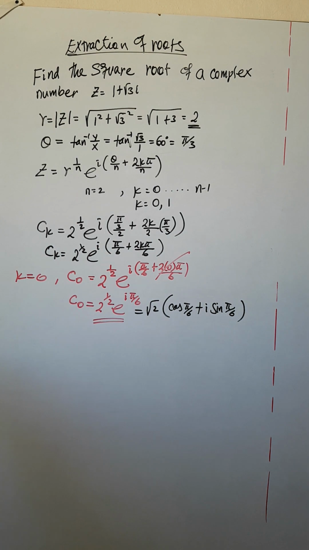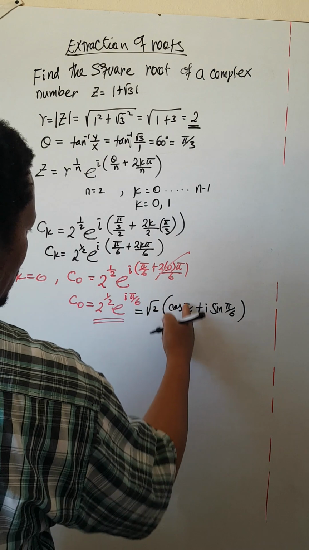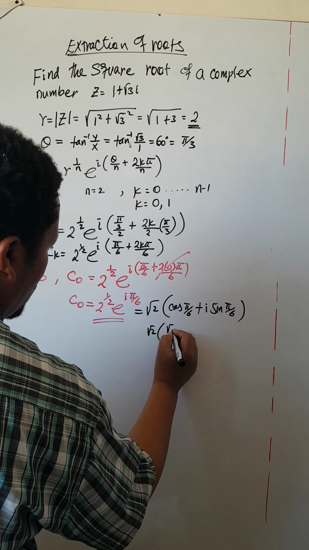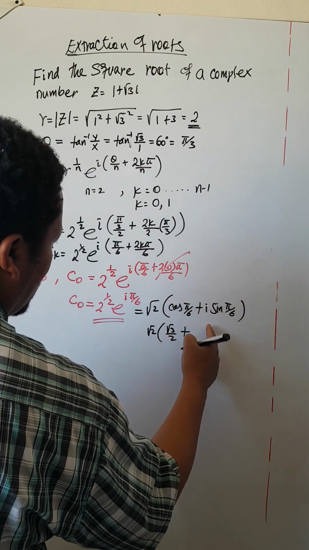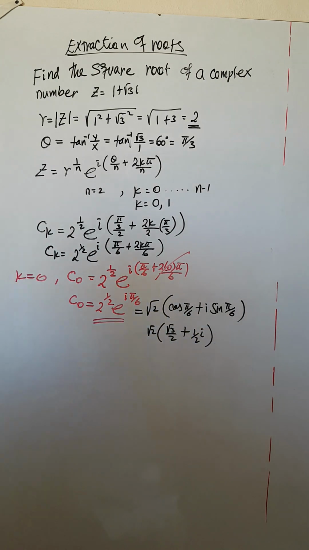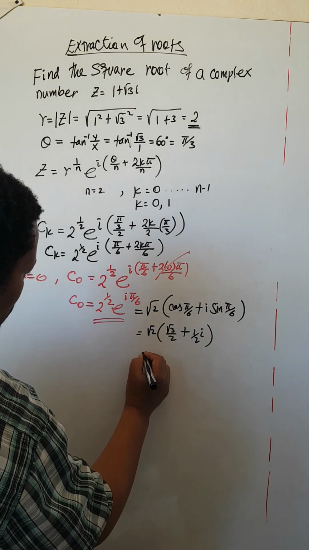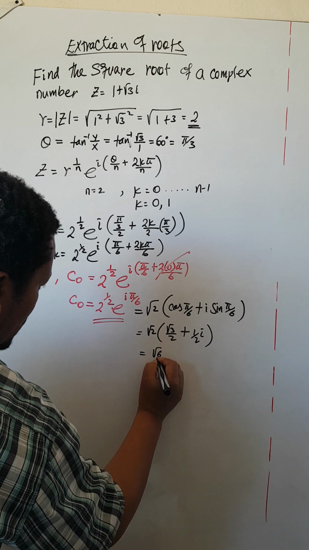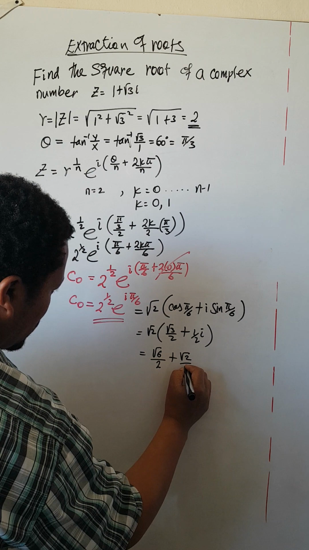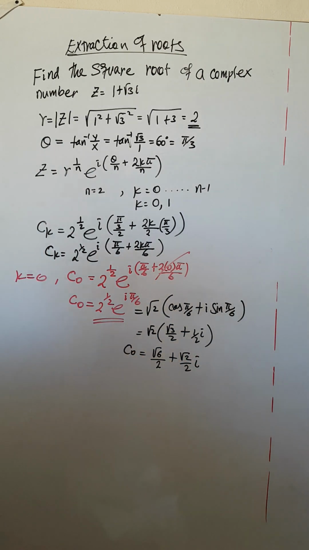Now cos pi over 6 is cos 30, which is root 3 over 2, and sine 30 is 1 over 2. So the product is square root of 6 divided by 2 plus square root of 2 divided by 2 i. This is c0, one of the square roots.